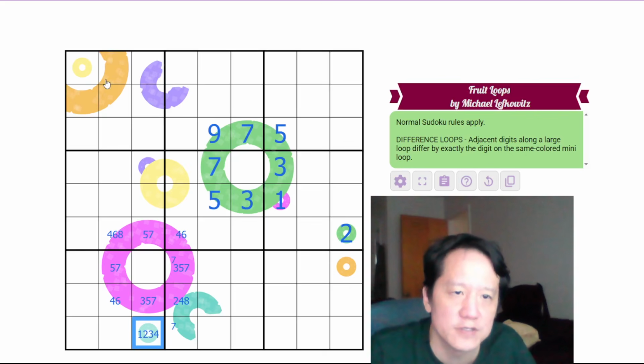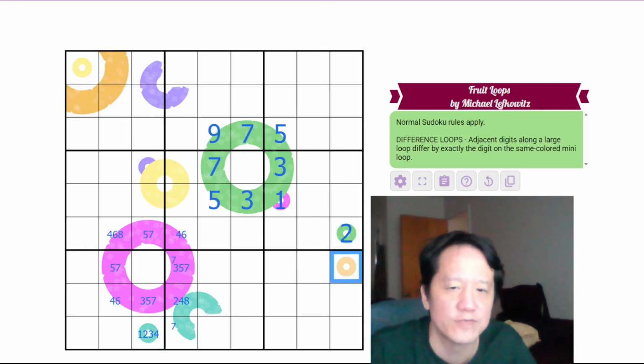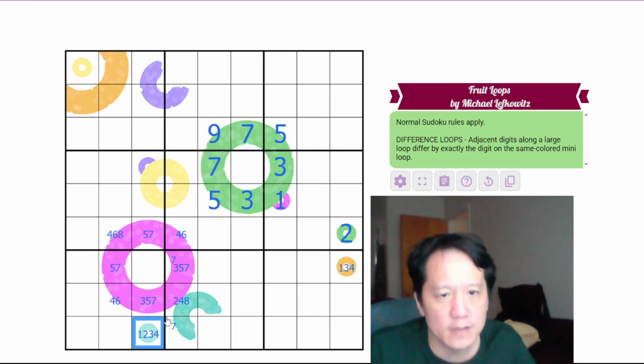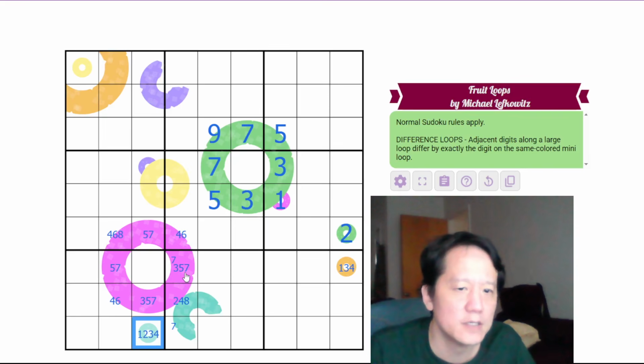Same with this. This has to be a difference of 1 through 4. It's 1, 3, or 4 here. This could be multiple ones. We don't know. So this is a difference of 1 through 4. If this is 7, this is 8, and then this would be 1, right? No, that's not true.